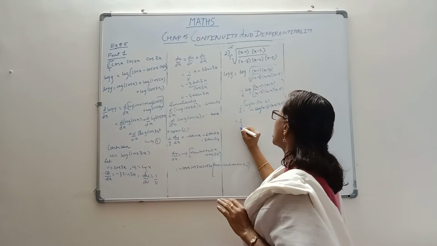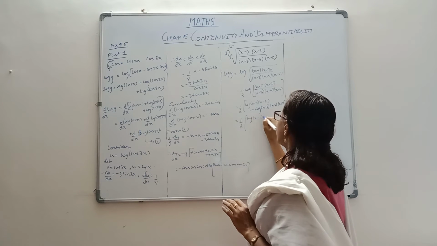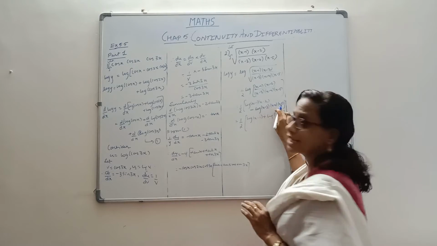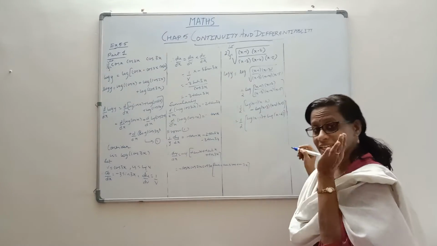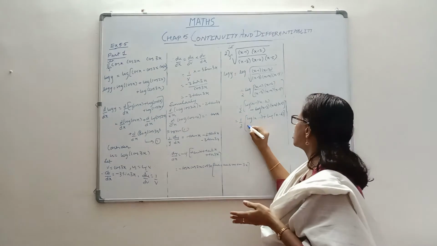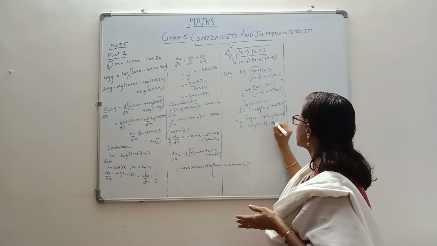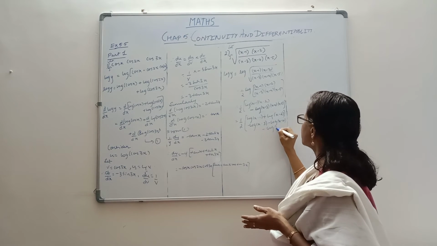So this will become half times log(x minus 1) plus log(x minus 2). Now here these terms are getting added up because of that minus outside. This minus outside will go to each term, like that each term will become minus. So it will become minus log of (x minus 3) minus log of (x minus 4) minus log of (x minus 5).